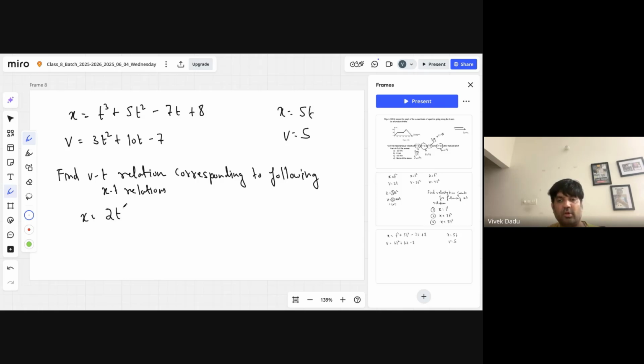X equal to 2t power 6 minus t cube minus 5t minus 18. 2, x equal to 3t cube plus 2t square plus 1t plus 0.5. 2t square.